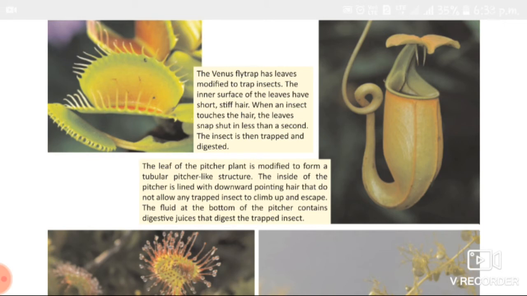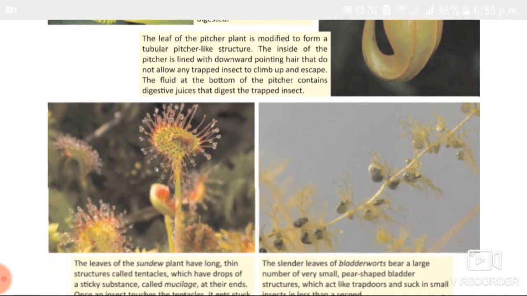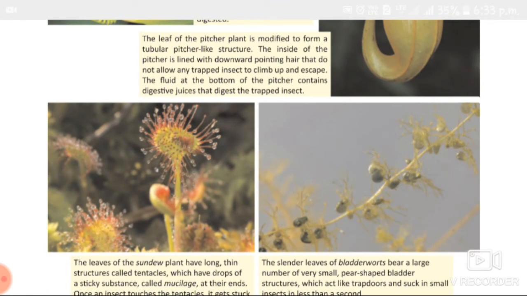It will digest the trapped insect. And the next example we studied is the sundew plant. Here the sundew plant has tentacles. The hair-like structures are the tentacles, and at the end of the tentacles, you can look at the dot, that is the mucilage at their ends.